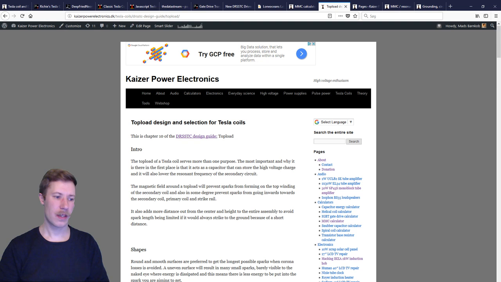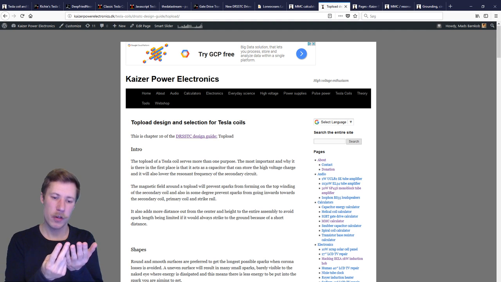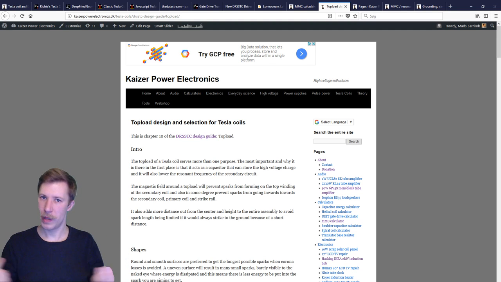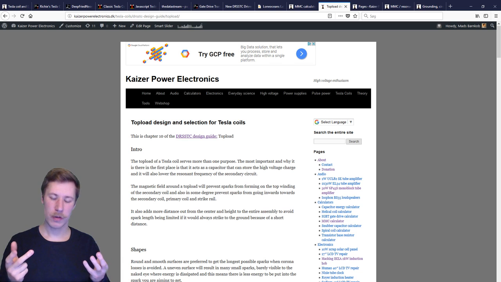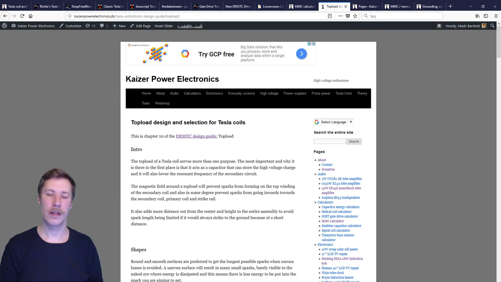Now, the toroid gives a greater diameter, so you get your sparks from your breakout point even further away from your primary circuit. That is a very important point. But the whole field shaping, when you have so many electrons building up on the surface of your toroid, this electrical field will prevent corona discharges on the top of your secondary coil.